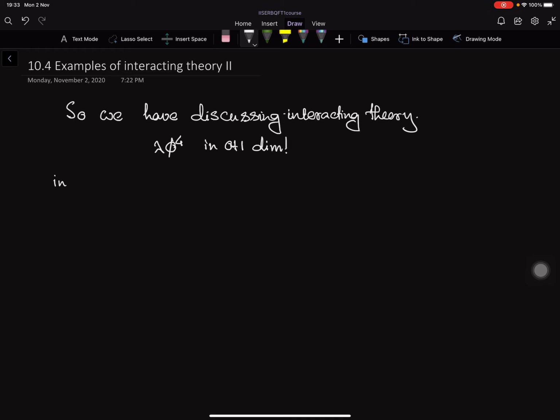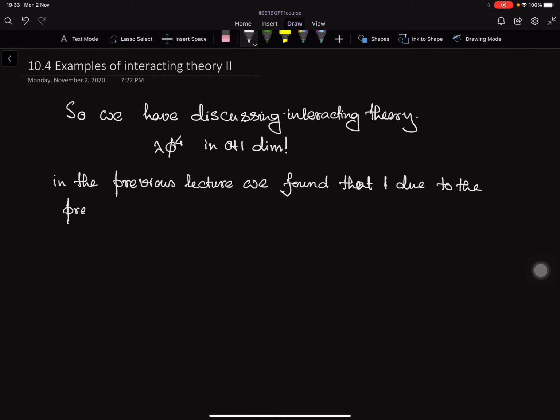And in the previous lecture we found that due to the presence of interaction, there are now new vertices.